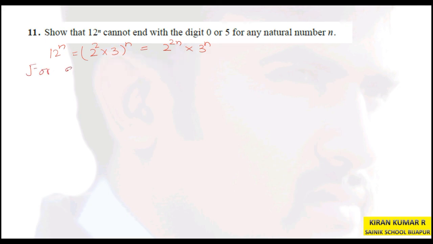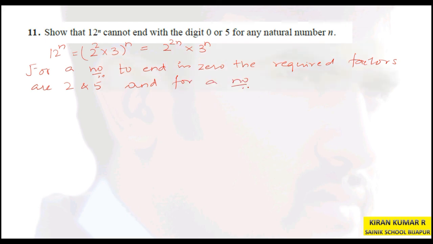You know that for a number to end in 0, the required factors are 2 and 5, and for a number to end with 5, the required factor is 5.